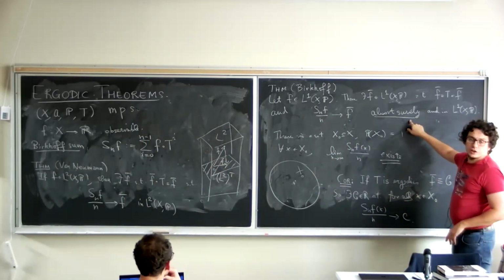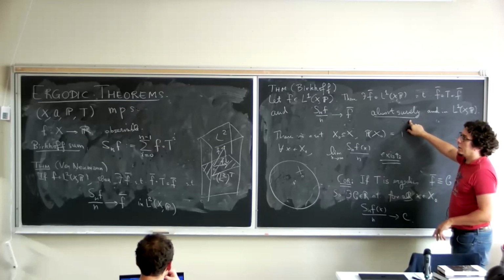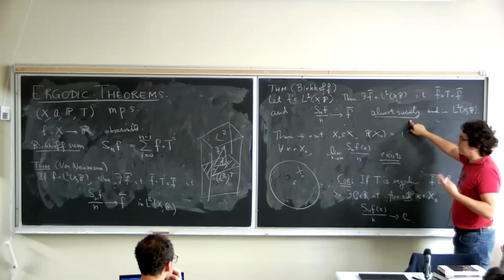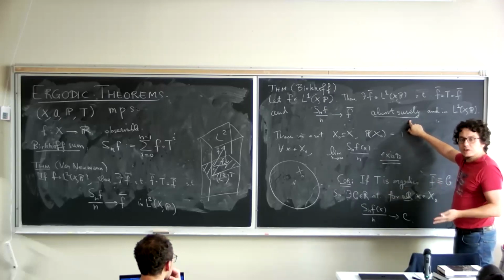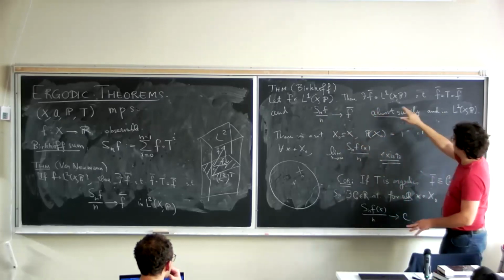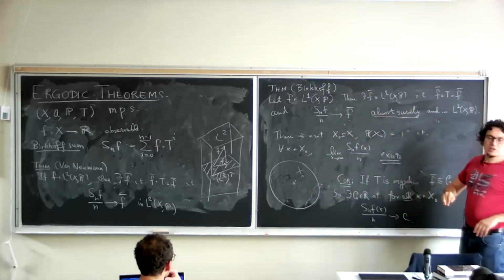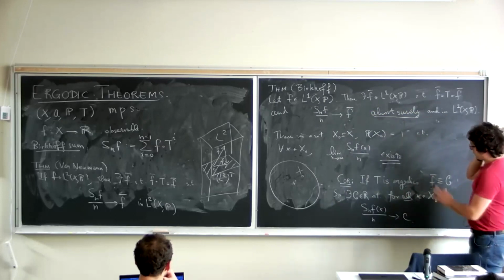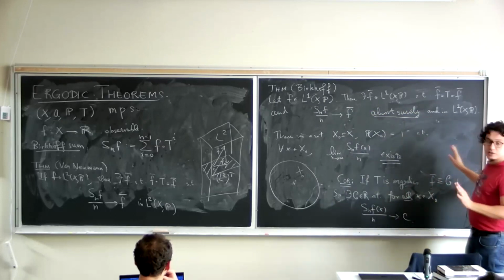This is almost sure convergence. Now, by dominated convergence, basically, you can integrate on both sides. I mean, there is maybe some step in between, but basically that's a strictly stronger statement.